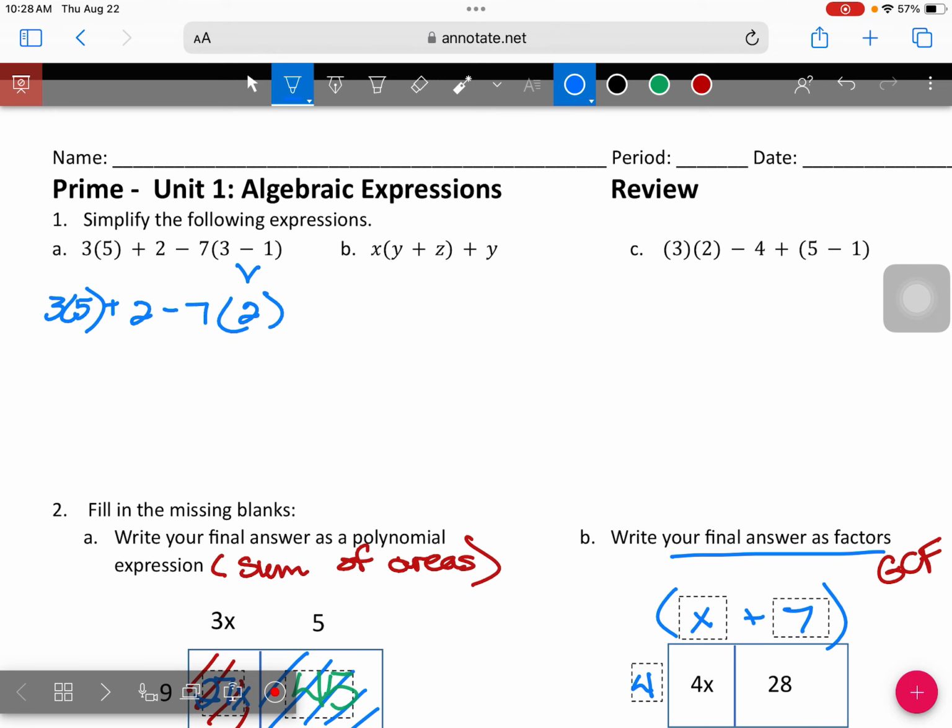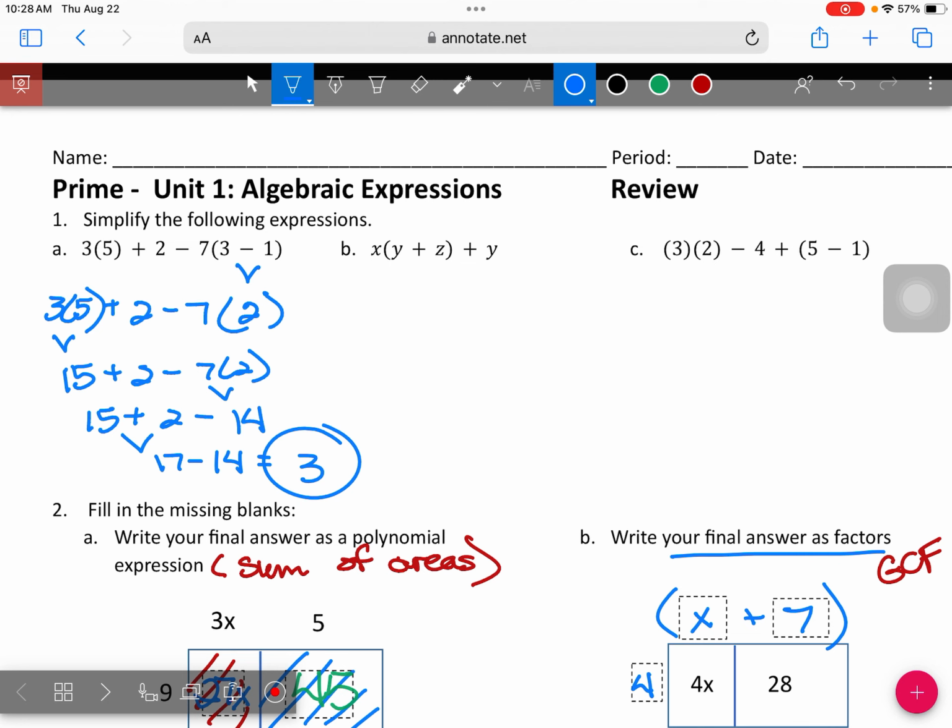I have multiplication, addition, subtraction, and multiplication. So I would do 3 times 5, 15 plus 2 minus 7 times 2. I would do this next. Plus 15. 17 minus 14 gives you 3.